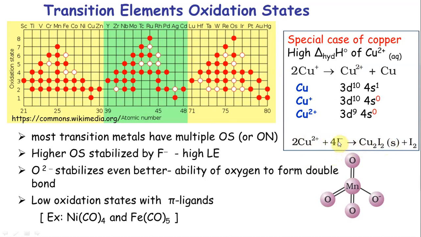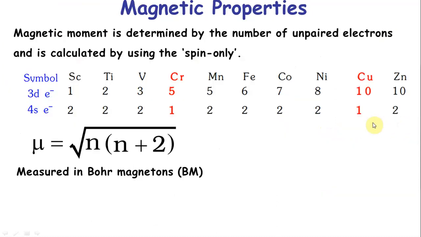If a compound has to be stable, the anion and cation should be happy with each other. But the cation is oxidizing, the anion is reducing, meaning they will react with each other. That's the case for CuI2. CuI2 will end up giving you Cu2I2 and I2. This is only for copper, you want to remember it as an exception. This is important, this has come many times.